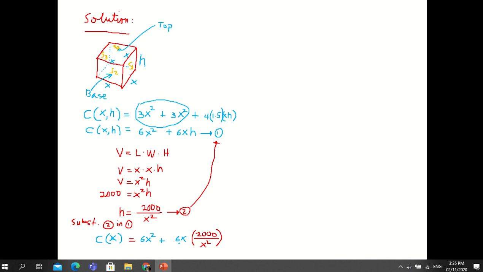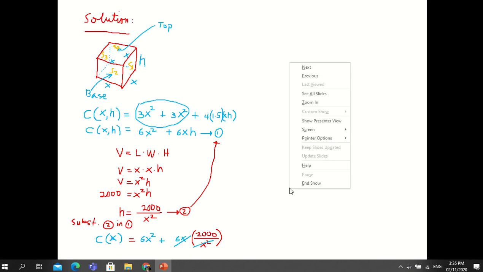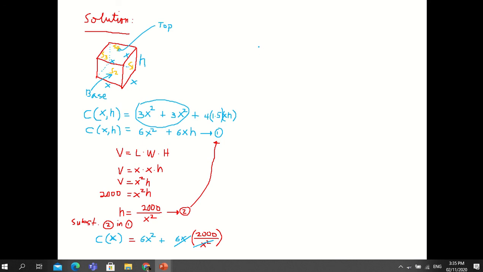Okay, so we have c of x equal to 6x squared plus 6x times 2000 divided by x squared. And we have here at the numerator x, and you have denominator x squared, so x divided by x squared. So what will be our equation now?